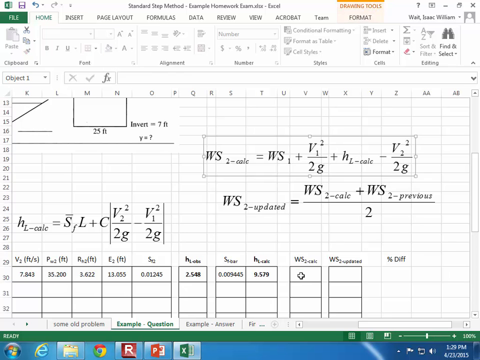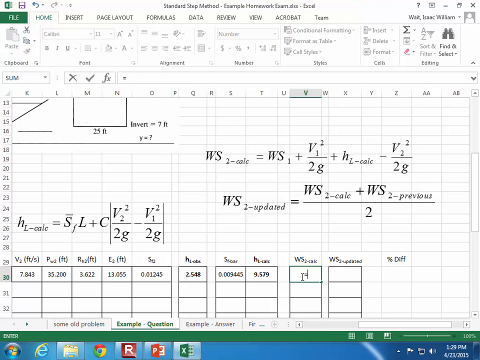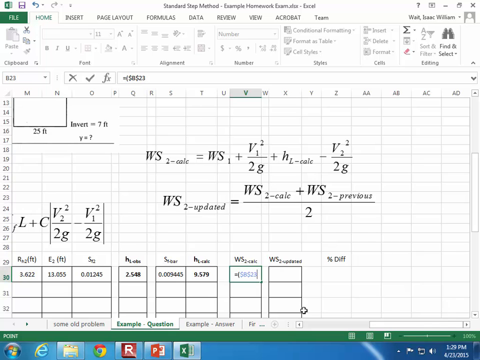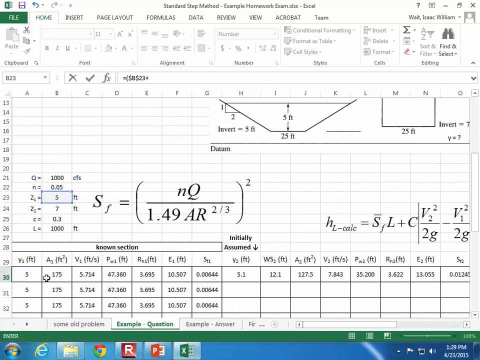Okay. So WS2 calculated is water surface at 1, which is the elevation above the datum plus the flow depth plus the velocity head.